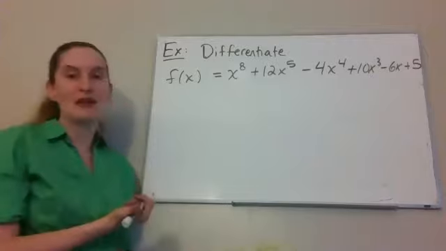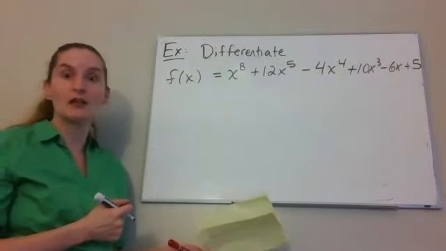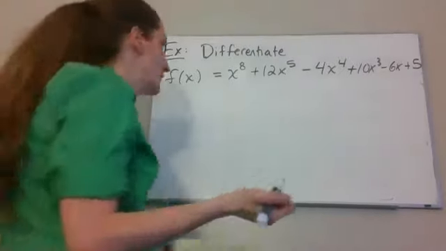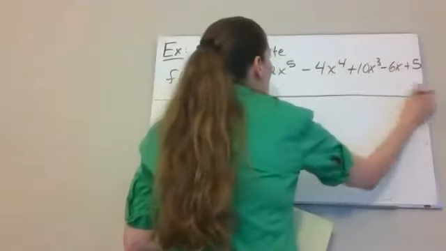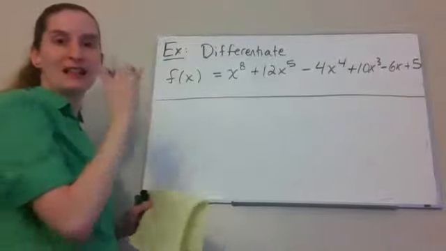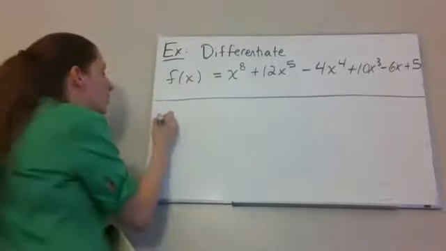If I had us doing it that way, you'd probably be closing out of this video right now and moving on to something else, because who wants to waste their time like that? But now that we know about our power rule, and we know that when we have adding and subtracting inside of our function, we can take the derivative of each piece individually, this ends up being a super quick problem.